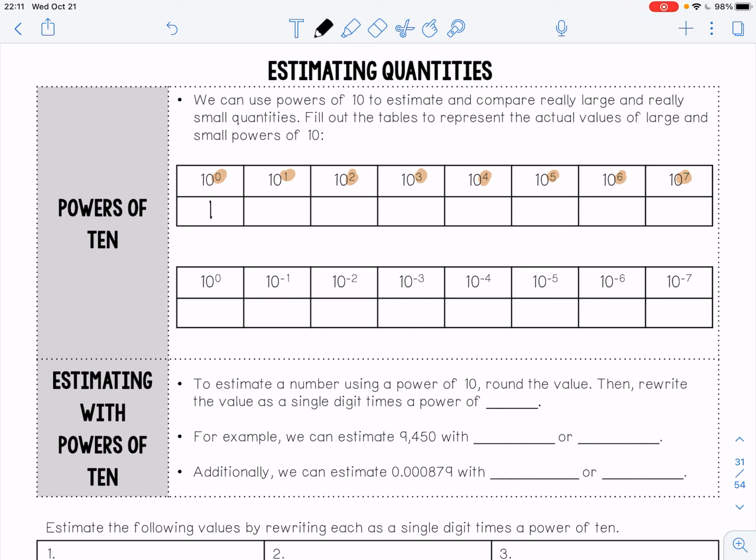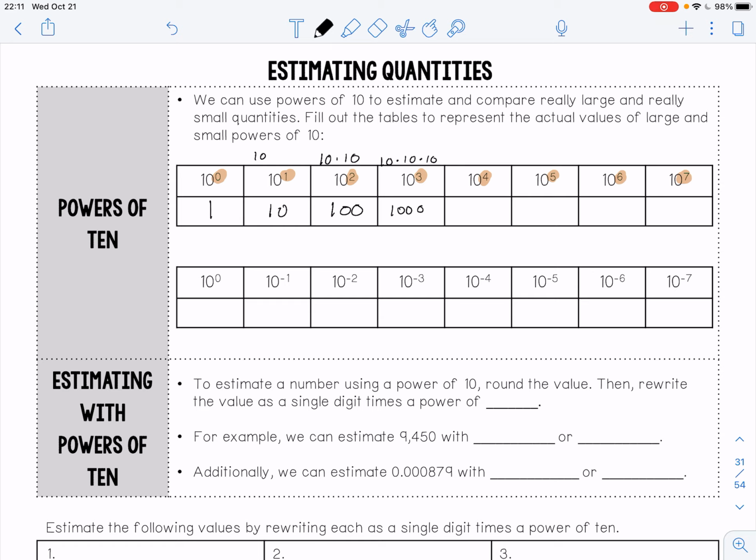10 to the first power is literally 10 times itself 1 time, so that would just be 10. 10 to the second power is 10 times 10, so that would be 100. 10 to the third power is the same thing as 10 times 10 times 10, so that would be 1,000.